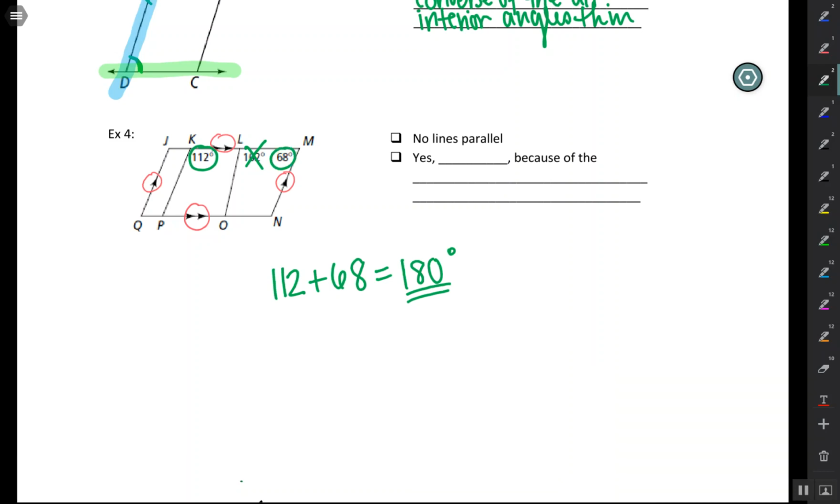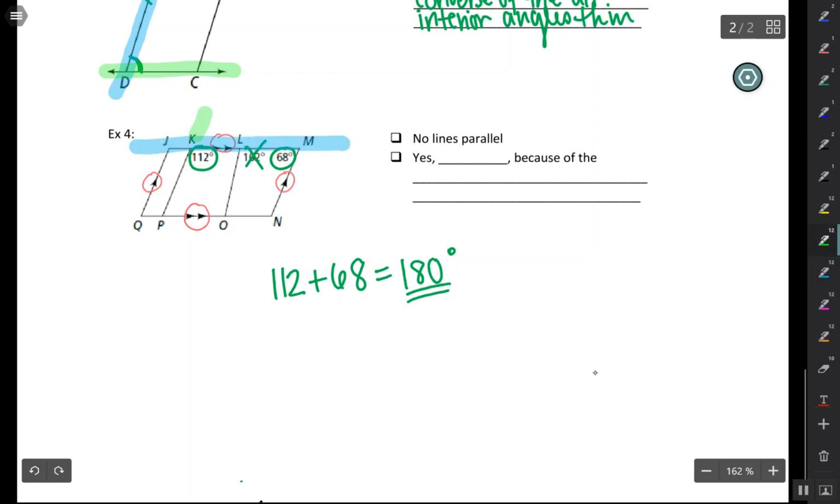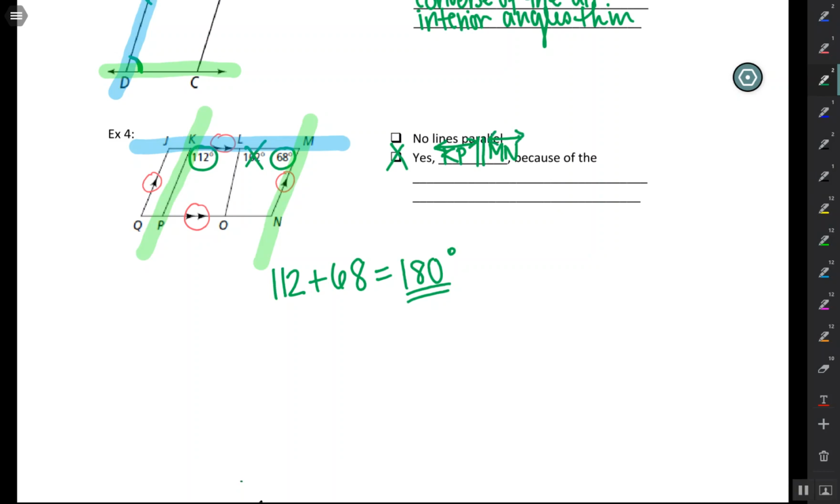That gives you some more parallel stuff. Okay, so I'm going to use this as a transversal, and the two lines that make those angles are KP and MN. So I'm ignoring LO and JQ and a bunch of other stuff. So I would say yes, KP is parallel to MN because of the, oops, I forgot the word converse.